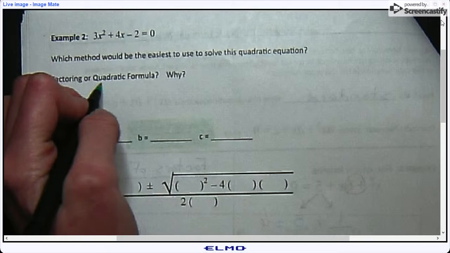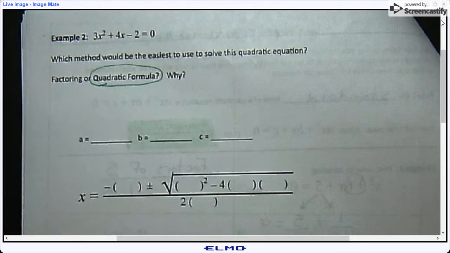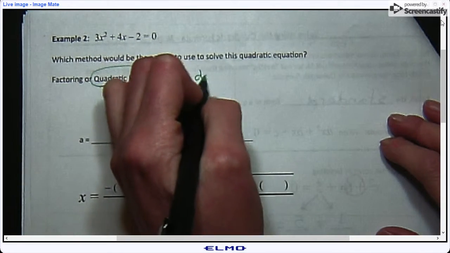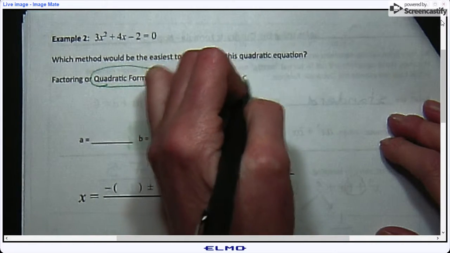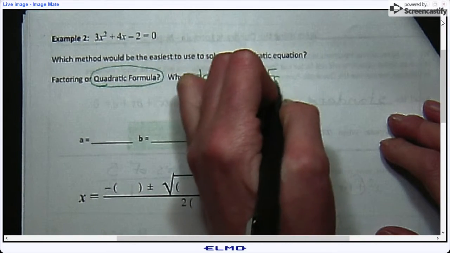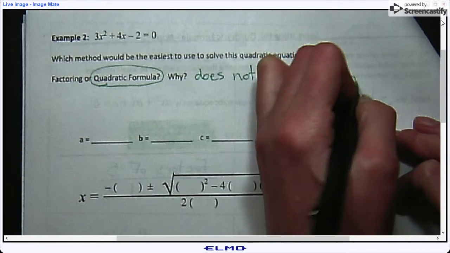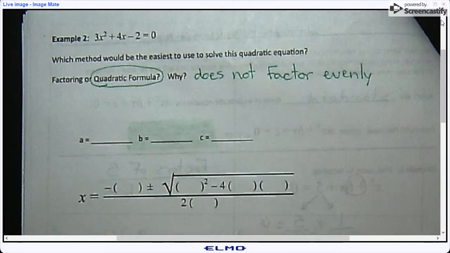We have to use the quadratic formula. Why? Because it doesn't factor evenly. What does that mean? That means that we're going to end up with decimals.